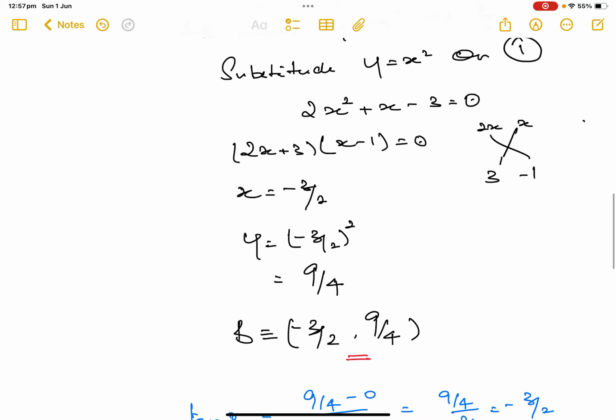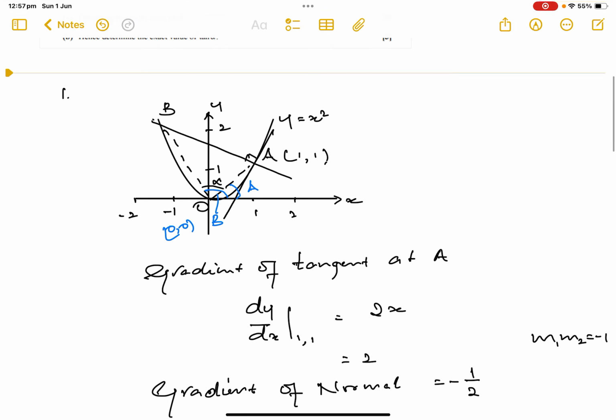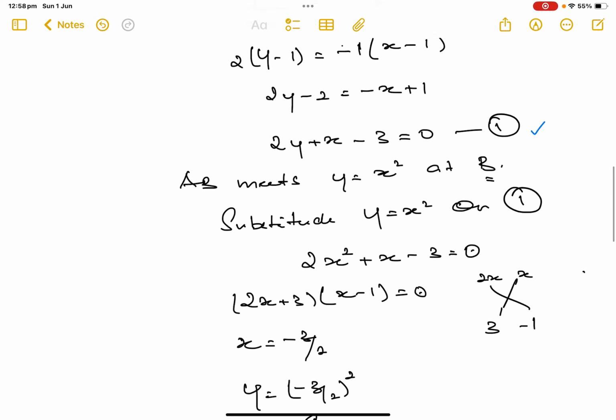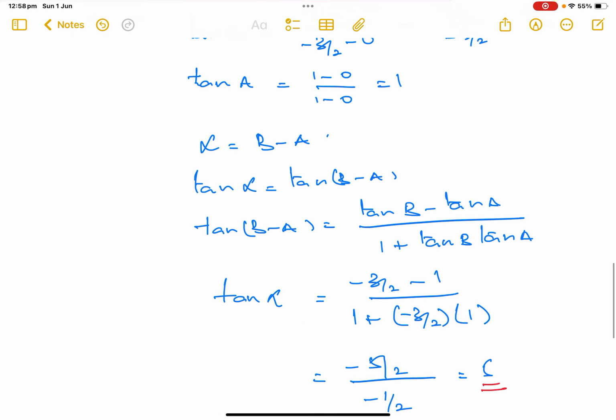If you look at the diagram, alpha is between OA and OB. In other words, alpha is B minus A. We take tan on both sides: tan alpha equals tan (B minus A).